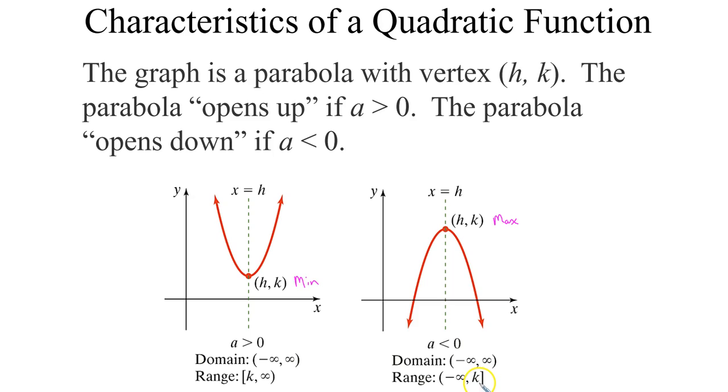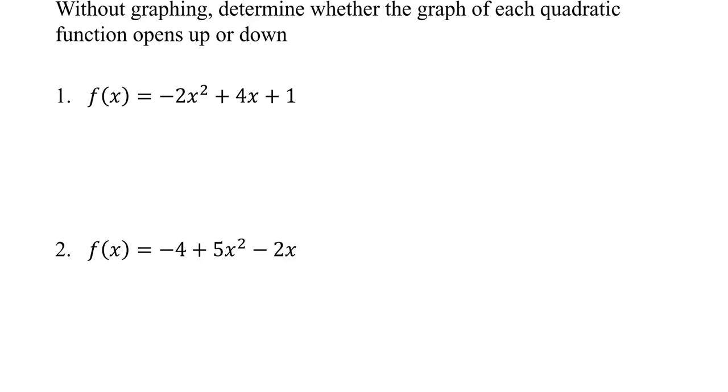Maximum, it has an ending place. It has a maximum value, all right? And notice that this k is always going to come from the k part of your vertex. So this k and whatever your range ends at are the same thing, okay? All right, I really love that illustration, and so I wanted to share that with you guys.